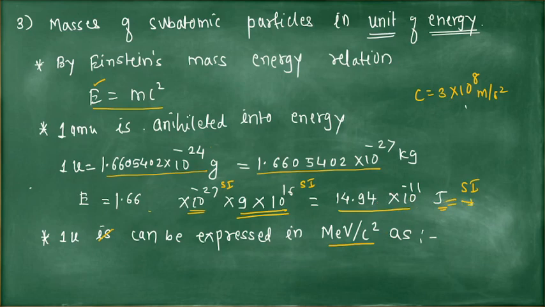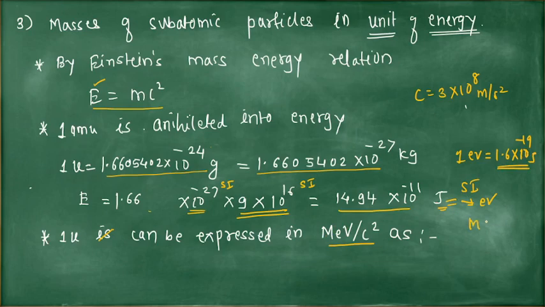Convert joule into electron volt. How can you convert this? 1 electron volt is equal to 1.6 × 10^-19 joule. So if you convert joule into electron volt, you have to divide by this number 1.6 × 10^-19, and further you convert into mega electron volt.